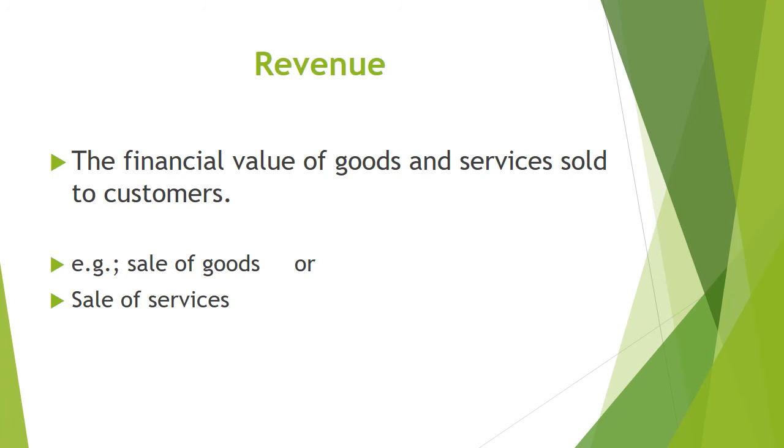And what is revenue? The financial value of goods and services sold to the customers, like sale of goods and sales of services. It means the amount charged against the goods will be the revenue, and the charge against services is also called revenue.